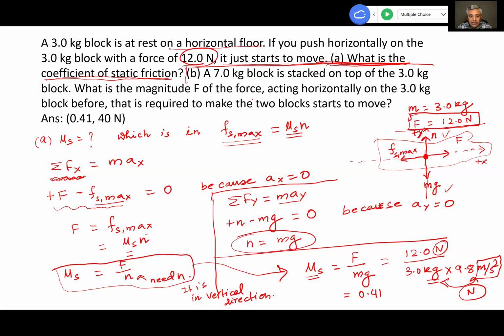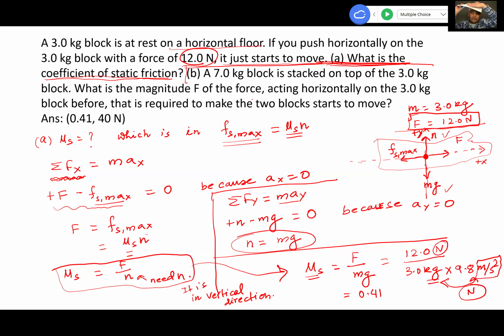How about part B? So in part B, what happens now? There is this mass, and now a 7 kilogram mass goes on top of that 3 kilogram mass. But this 3 kilogram mass is still in contact with our original surface, right?